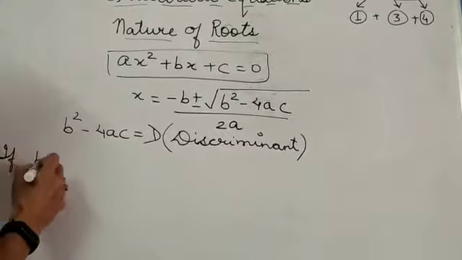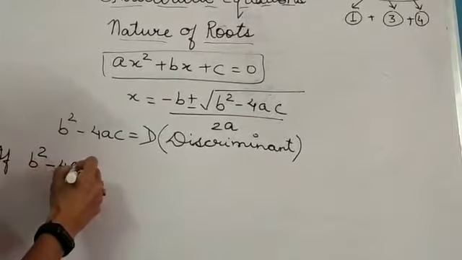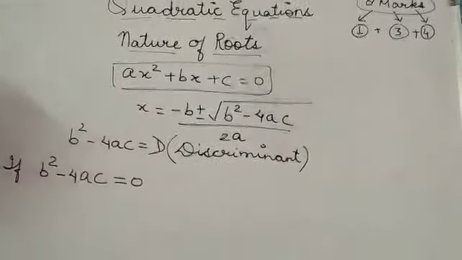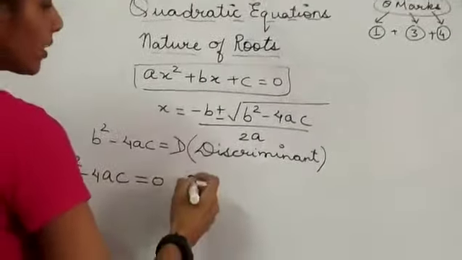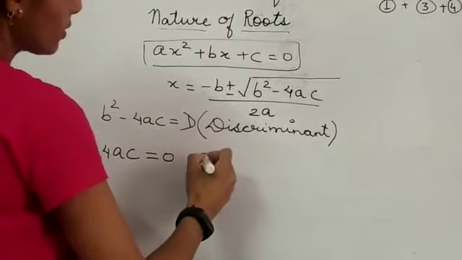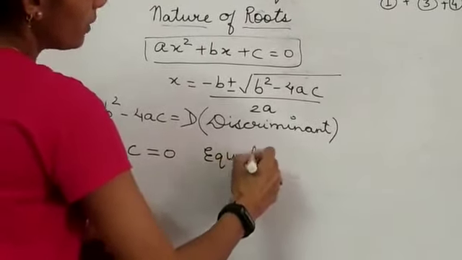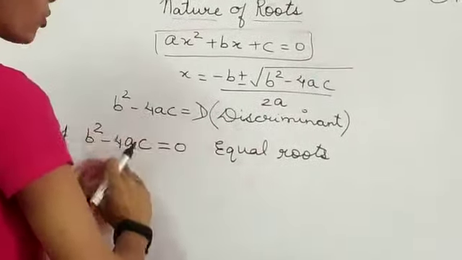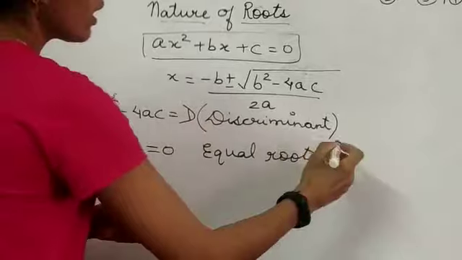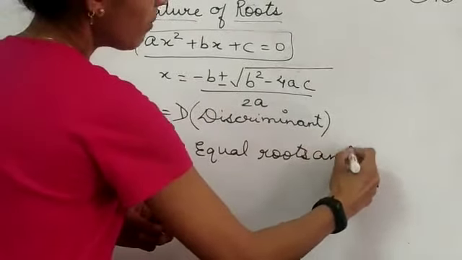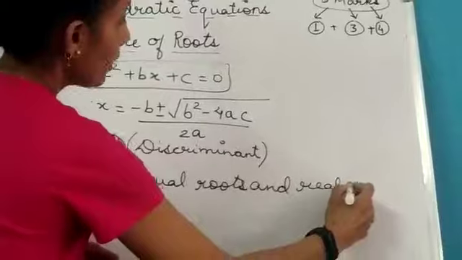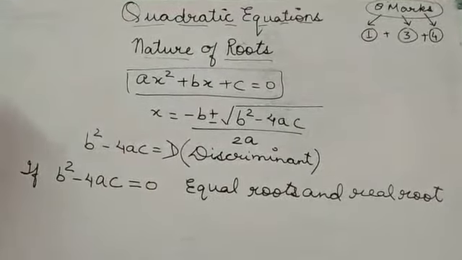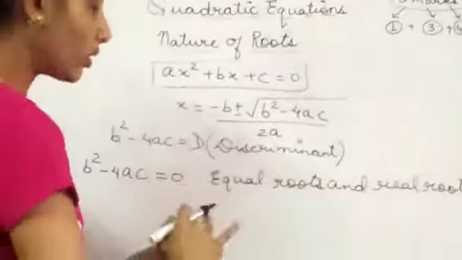If you calculate your b square minus 4ac and suppose you get a value equal to 0, then you can say nature of the roots is equal. When you get two values of x equal, that means your roots are equal roots and you will be getting them as real roots. That means if b square minus 4ac equal to 0, then your roots are real and equal.